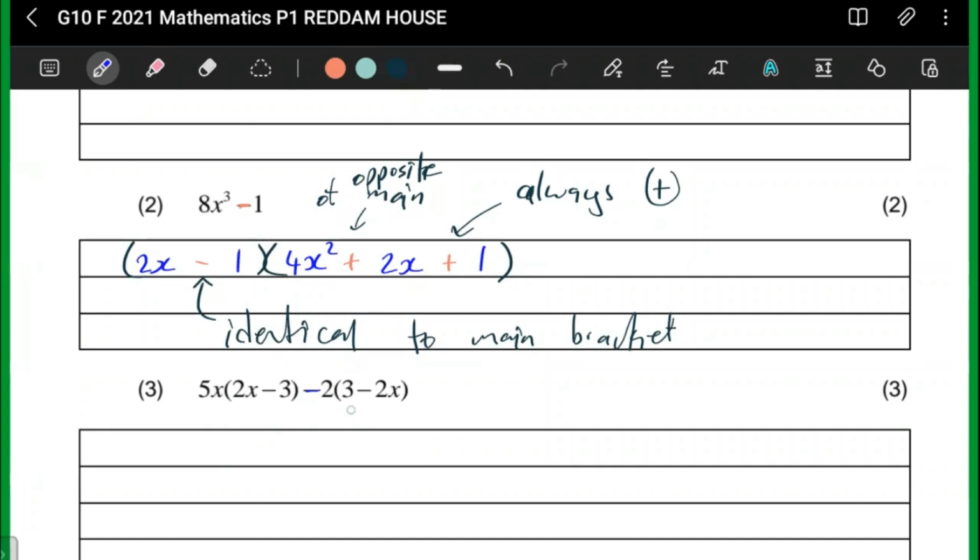Now, you can see here we have like 2x minus 3. Here you have the 3 and then the 2x. So what you could actually do first off is, whichever way you want, you could either swap these two and take out a minus, or you can swap these two and take out a minus. It doesn't matter what you choose to do.